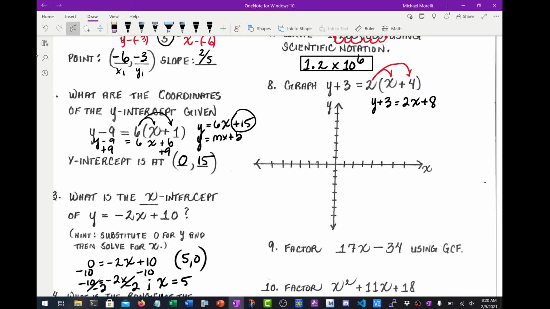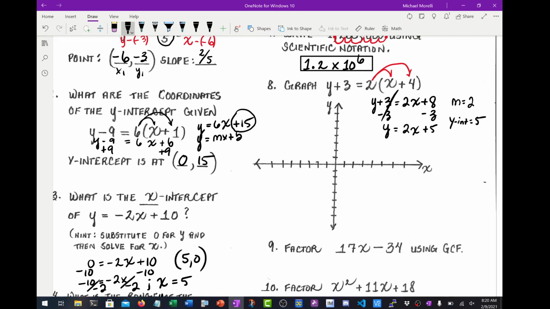Okay, so what we're going to have to do now is subtract 3 from both sides. Just subtract 3 here, subtract 3 here, and we have y equals 2x plus 5. So that's the thing you have to graph. The slope m is 2 and the y-intercept b is 5.